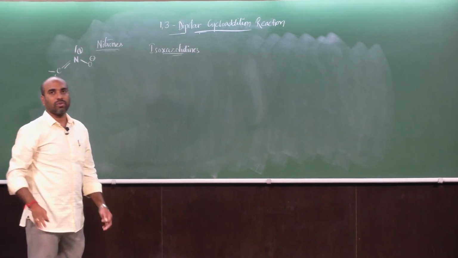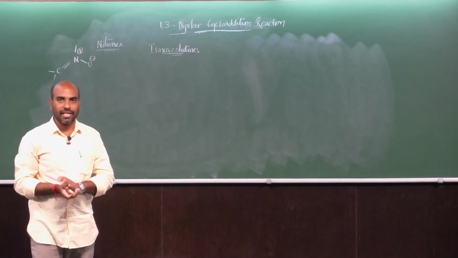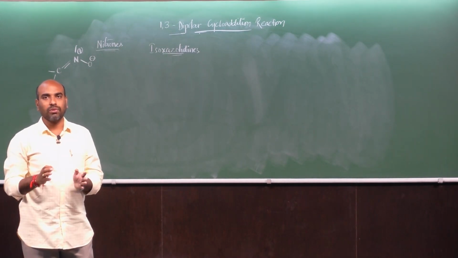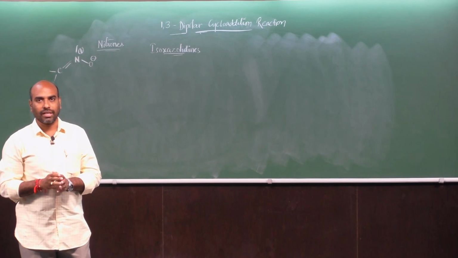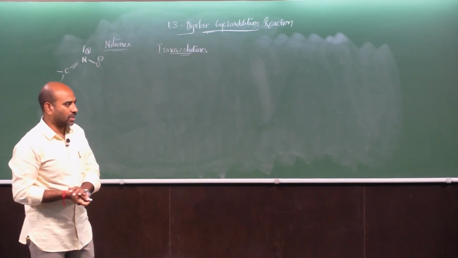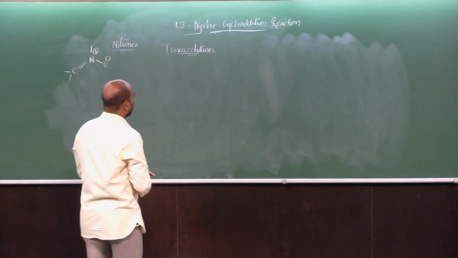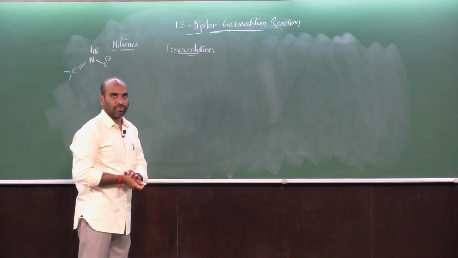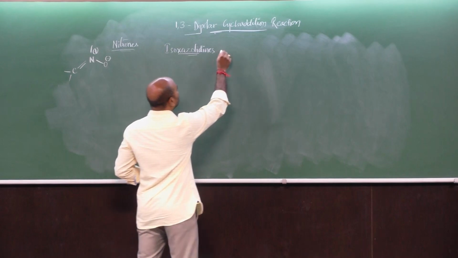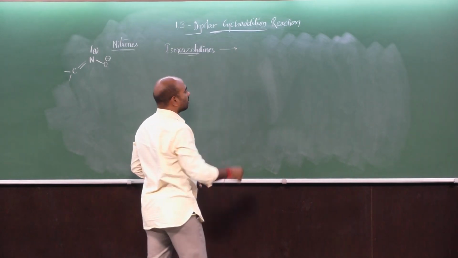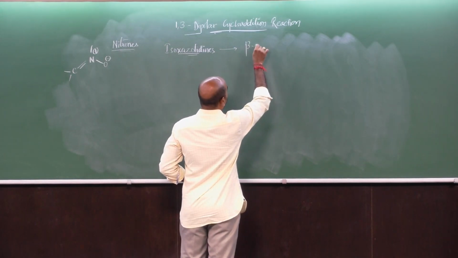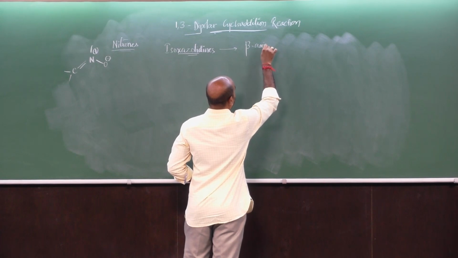Isoxazolidines can be synthesized using the nitrones as the 4 electron partner in 1,3 dipolar cycloaddition reactions. What are these isoxazolidines useful for? They act as the starting materials for the synthesis of beta amino alcohols.